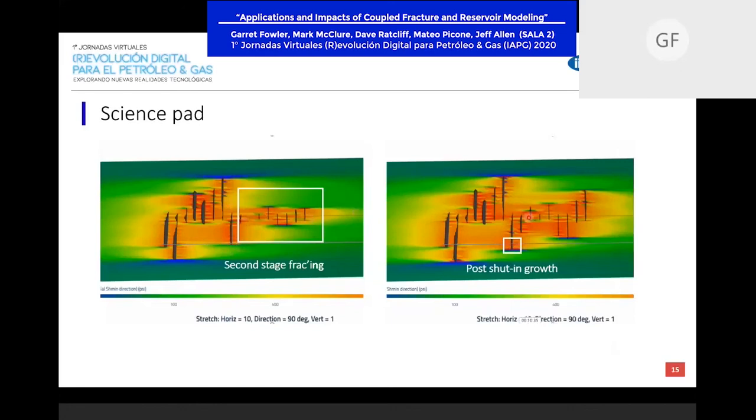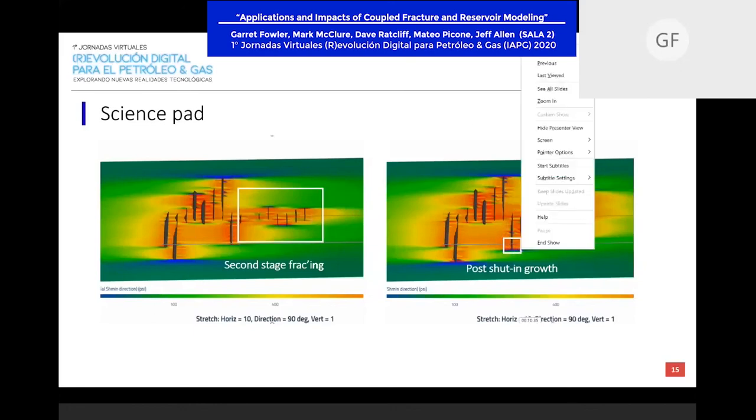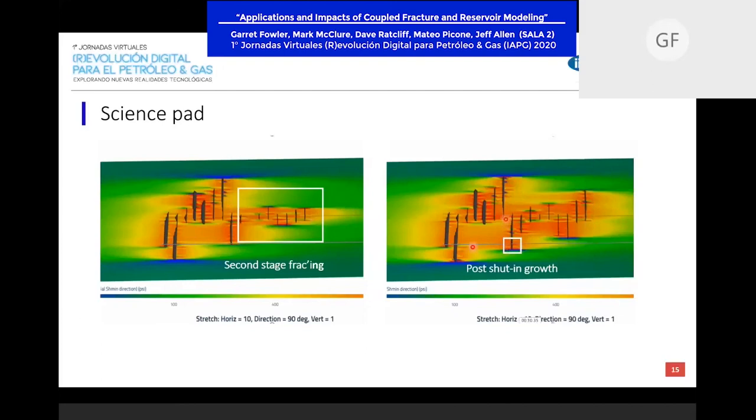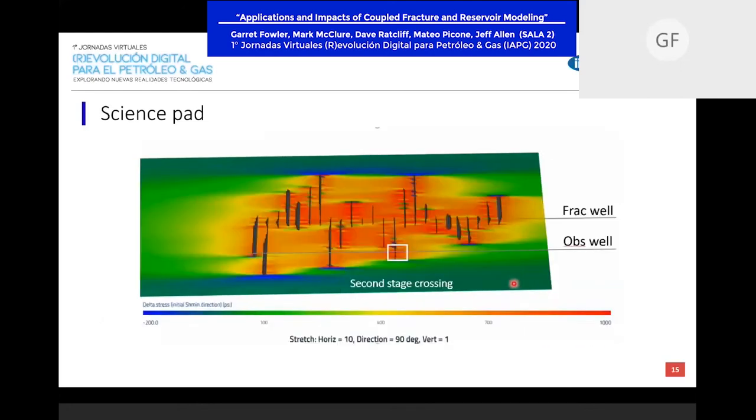When we're fracking stage 2, we can actually see propagation of that same fracture after that stage 1 has completed. And so we're able to replicate the same effects that we're seeing in the microseismic or fiber data in a numerical model. And then we get things like the second stage crossing and so on and so forth as you move down the wellbore.